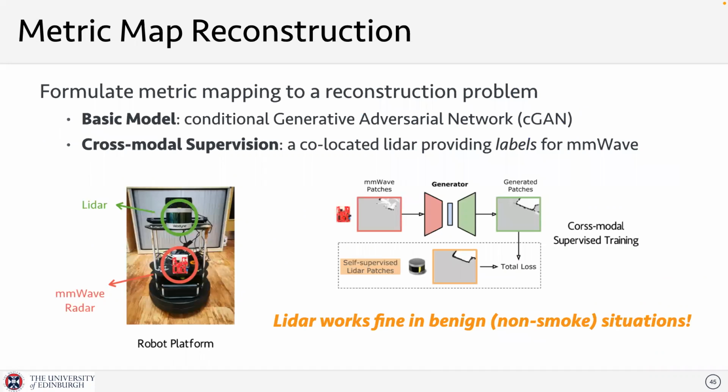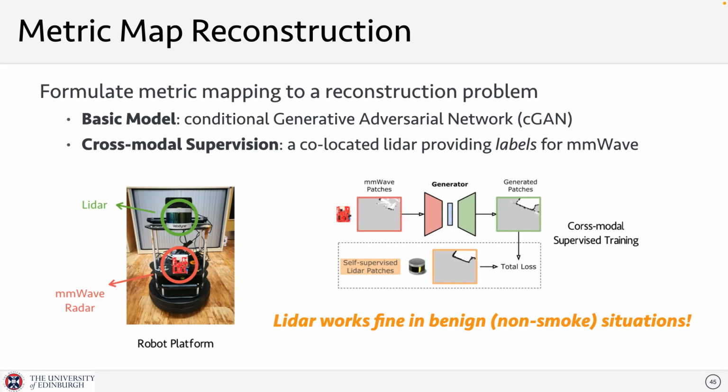And to solve this challenge, inspired by recent advances in image upsampling, we consider casting this indoor metric reconstruction problem into one solved with a conditional generative GAN neural network, an architecture that has achieved a lot of success in image upsampling. If you think about image upsampling and map reconstruction, they show a lot of similarities, right?